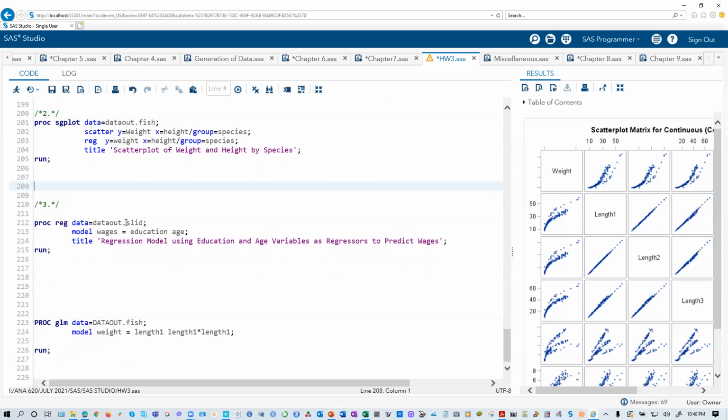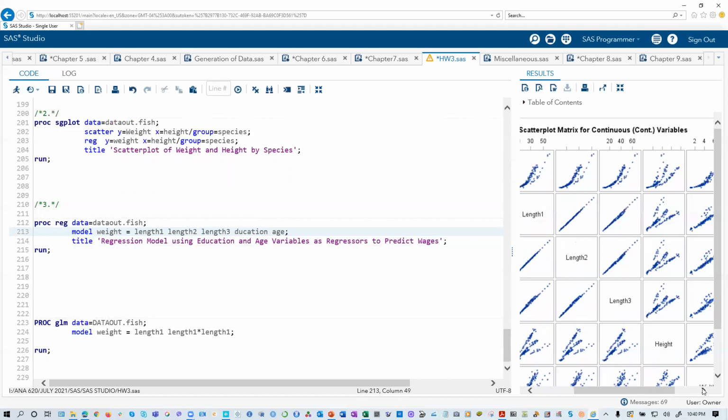You can say this one is the fish data. You can add pretty much the weight. You can say the length one, length 2, length 3, and height 10.